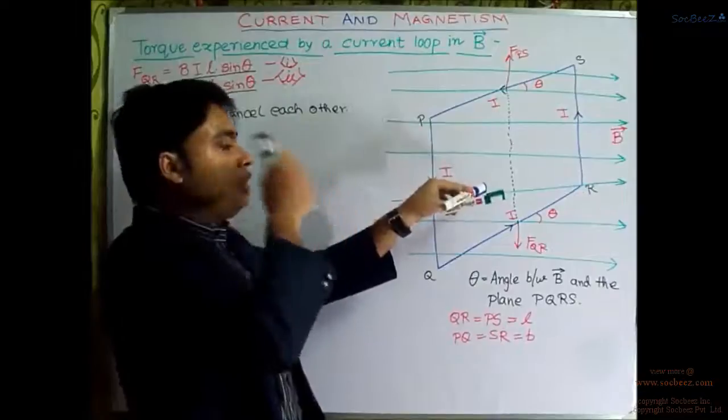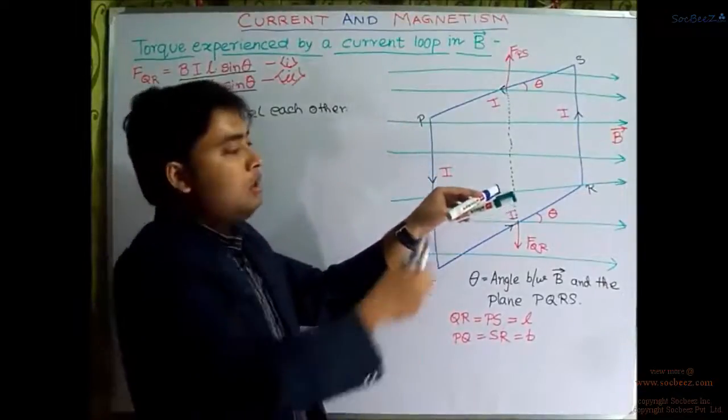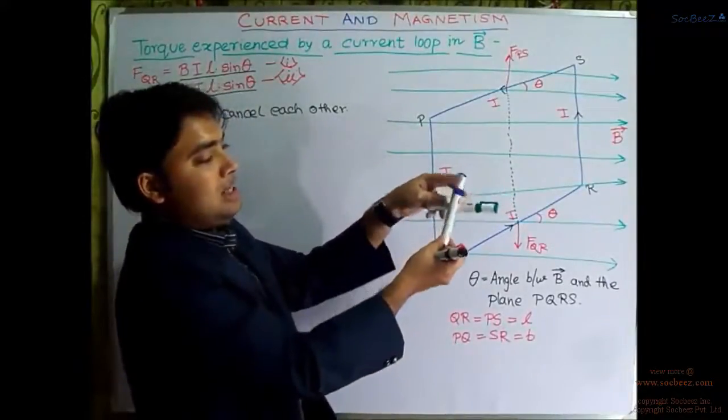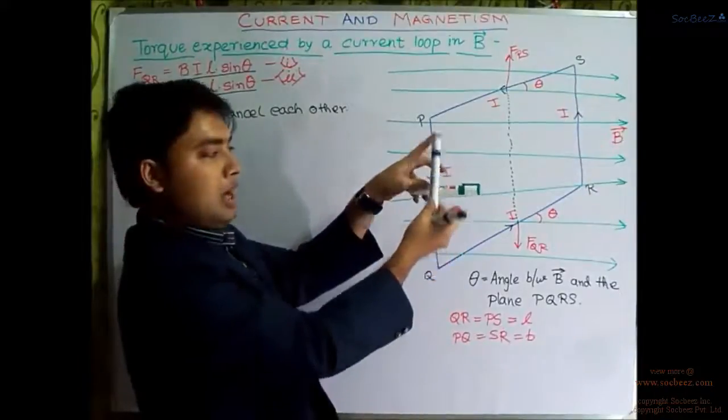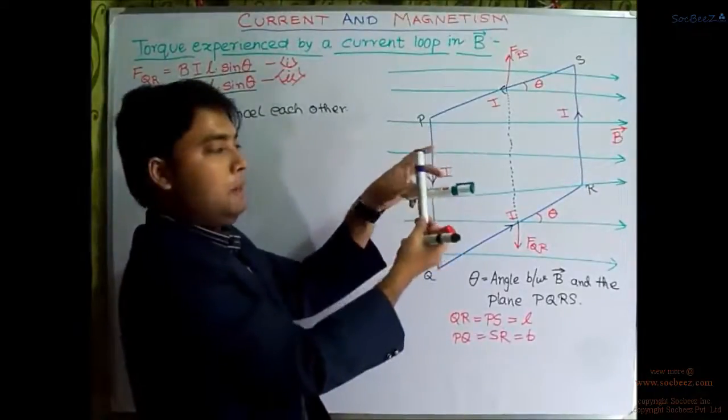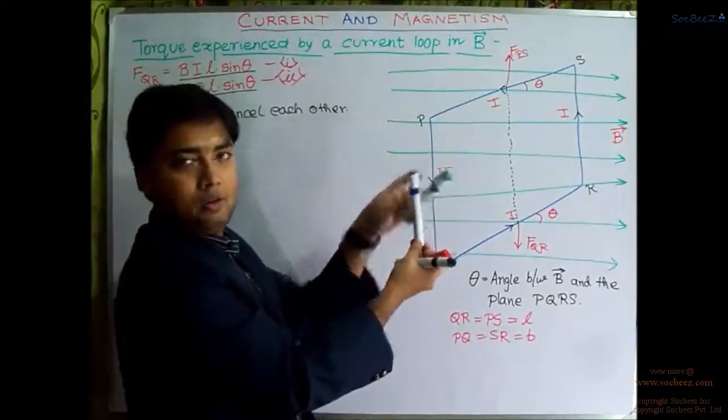So how will the PQ look? The PQ will look like this, and it will be mutually perpendicular to B, right?